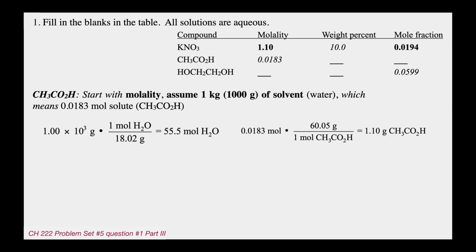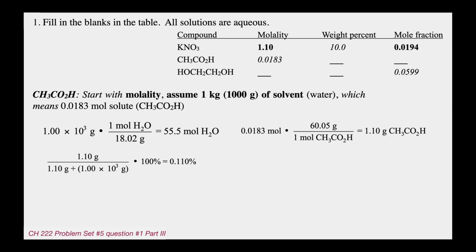0.0183 moles times about 60 grams per mole, that's the molar mass of acetic acid, gives 1.10 grams acetic acid. So now we've got grams of solute and solvent, and moles of both solute and solvent. Now we can start figuring out weight percent and mole fraction. Weight percent here would be the grams of the acetic acid, the solute, divided by grams of acetic acid again, plus grams of solvent.